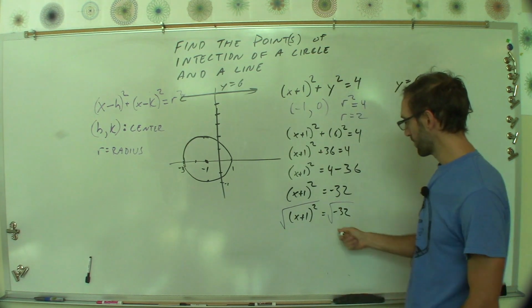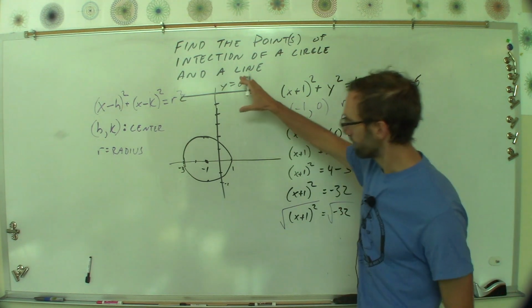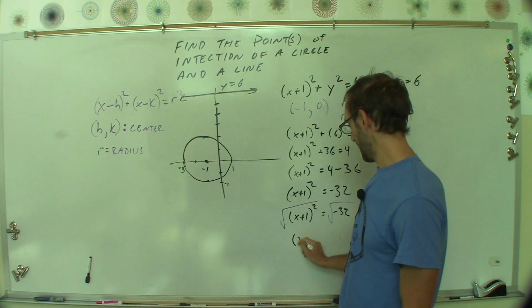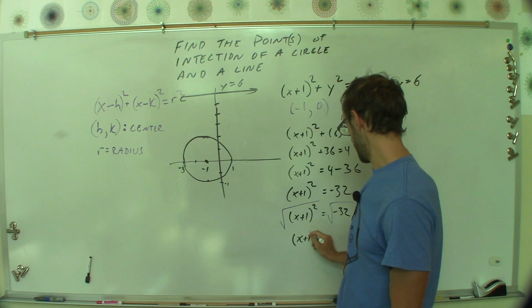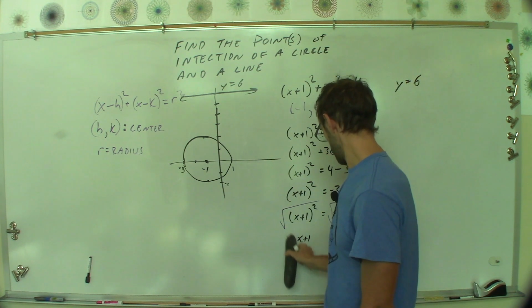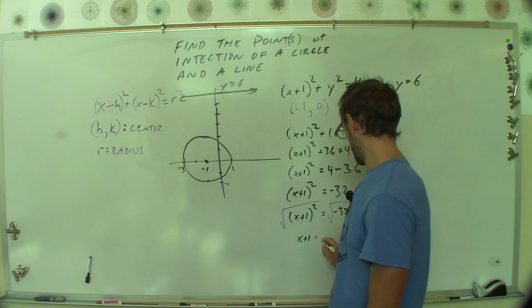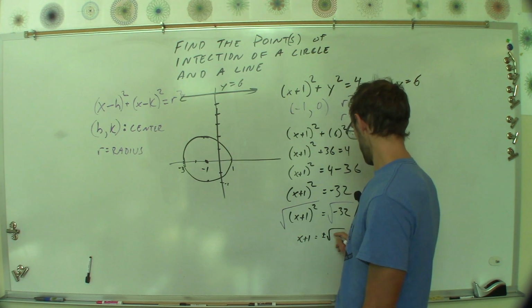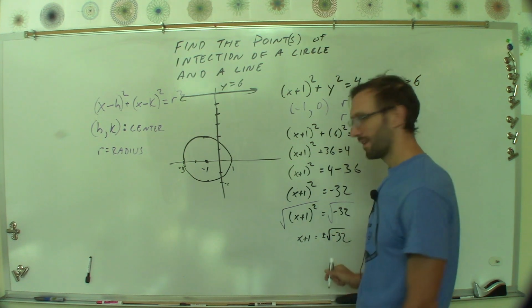And this, people, is where we're getting our circle and line not intersecting. Because now we get x plus 1 equals, keep the plus or minus going, plus or minus the square root of negative 32.